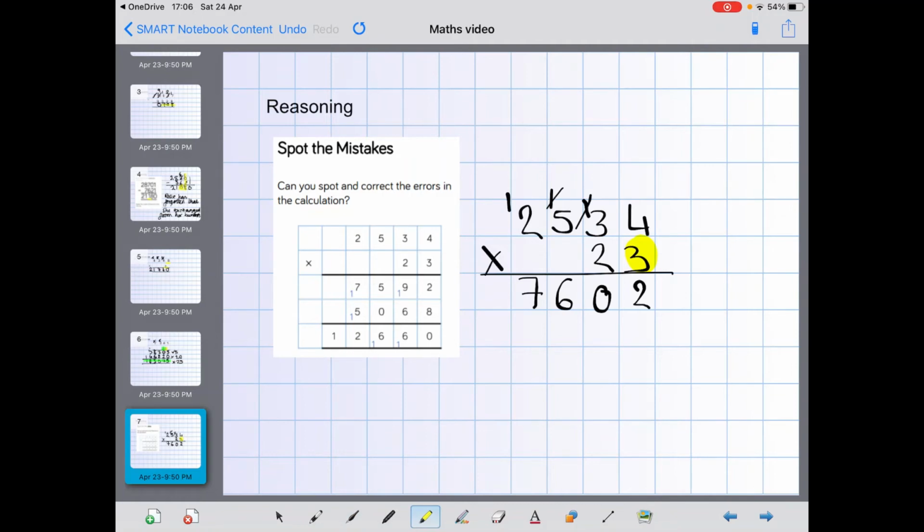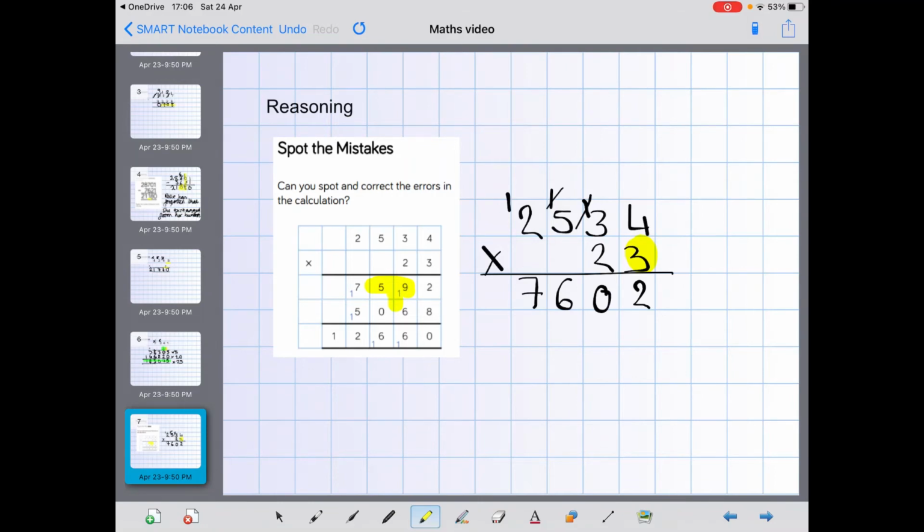Now let's go back and check. We can see that the mistake has been made here. What has been done here is the person completing the calculation has actually forgotten to add on their carried 1 from when they did 4 times 3 as 12.